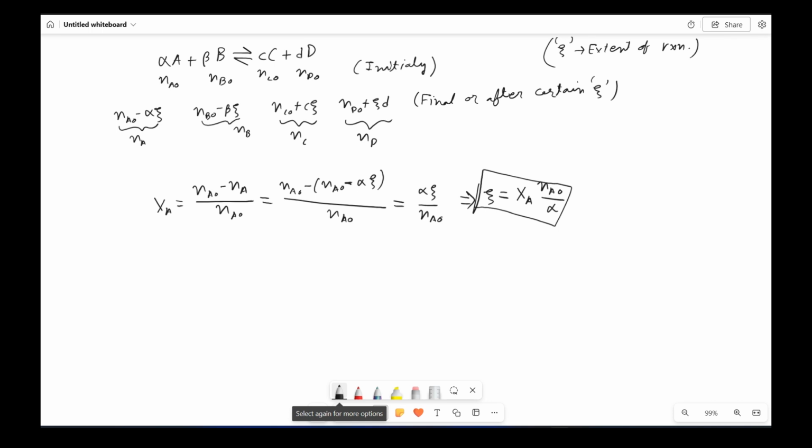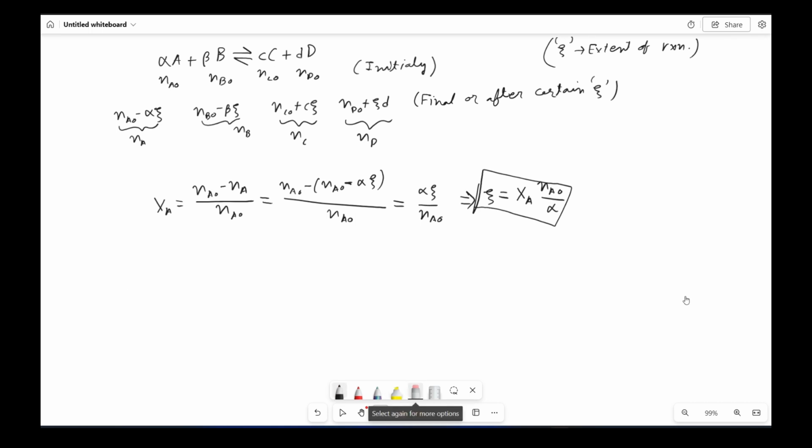Okay. Now suppose, as I have said, that initially Na naught, Nb naught, Nc naught, and Nd naught moles are present in the system, and finally Na, Nb, Nc, and Nd are there. Now suppose we want to relate the initial and final total moles, and from that total moles we will derive some other expression which is very useful in CRE.